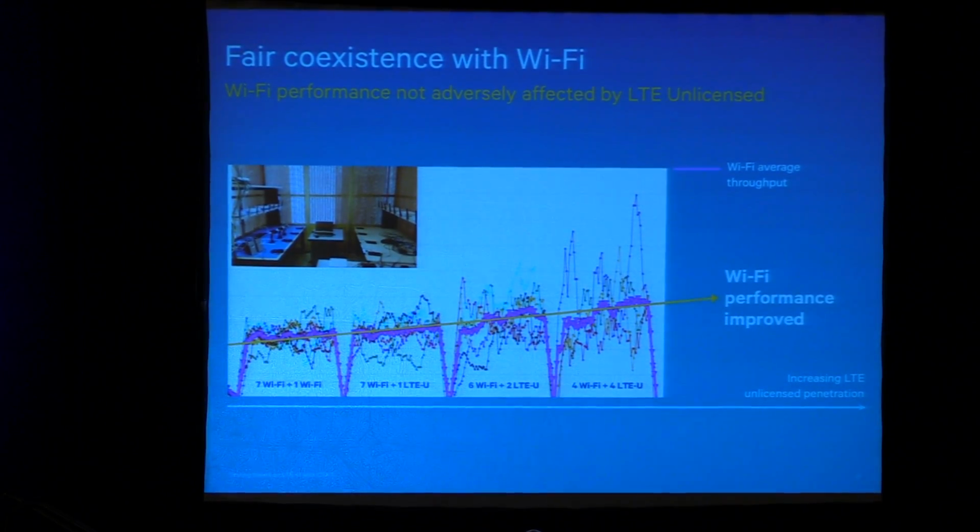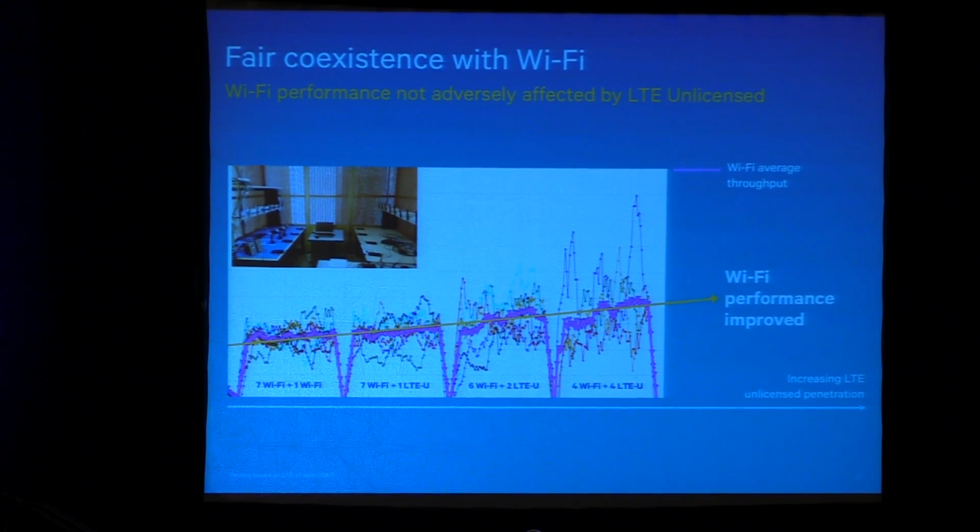Okay, so in this picture, on the upper left, you can see part of the setup. You can see a whole bunch of antennas. We've got a very extreme setup with many different access points, all in a small area. They're inside an RF screen room, and we did these tests to see what would happen to Wi-Fi users in the presence of LTE unlicensed users. And you see these 4 different blobs on the chart.